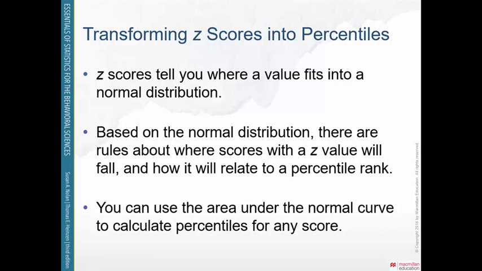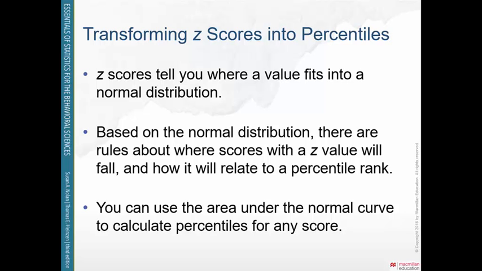So transforming z-scores into percentiles, you've probably heard the term percentile before. What's a percentile? A percentile tells you what percent of the distribution you have scored above. So if you took a test and you scored in the 80th percentile, it means that you scored above 80% of the people who took the test, and 20% scored above you.